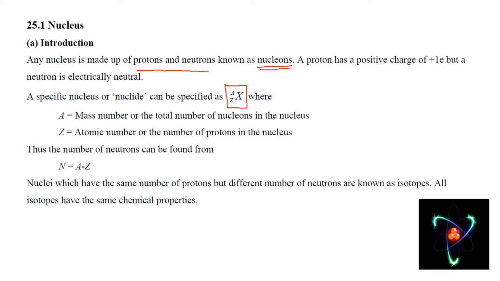A is the mass number, the total number of nucleons in the nucleus.